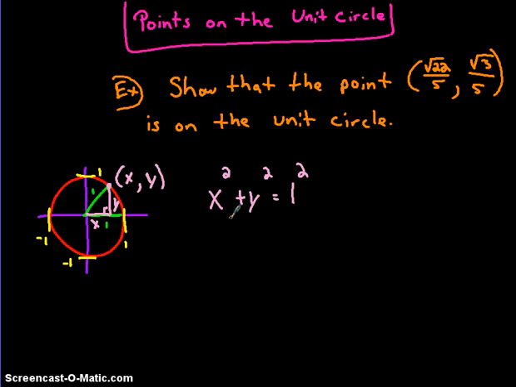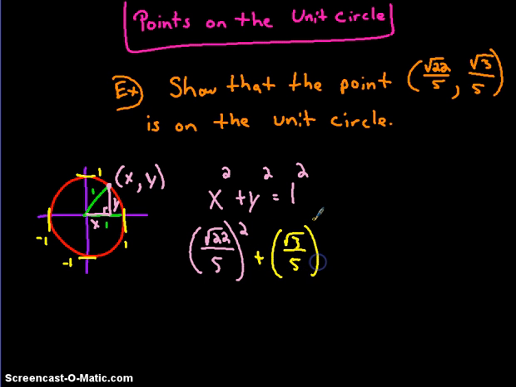Since x is the square root of 22 over 5, you're going to square that. And then the y value is going to be the square root of 3 over 5. It's going to be plus the square root of 3 over 5, and you have to square it. And then, of course, the last number is 1, so it's equal to 1.